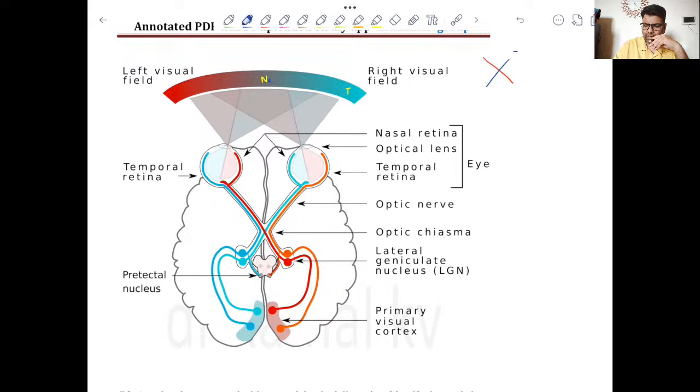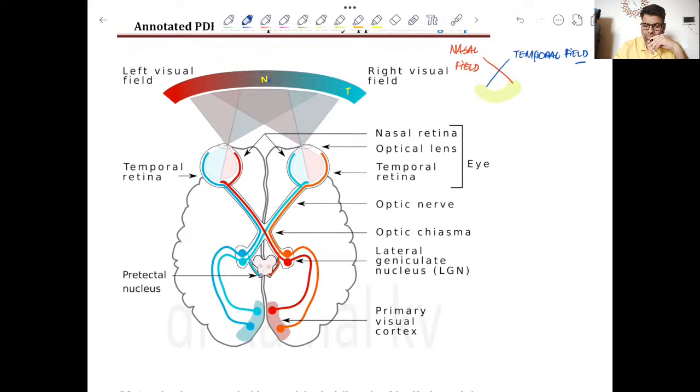It means that this is the temporal field, whatever I am looking at in the lateral part of my visual field, and this is the nasal field, whatever is on the medial side of my visual field. Now these cross over, and on the retina they project on opposite ends.